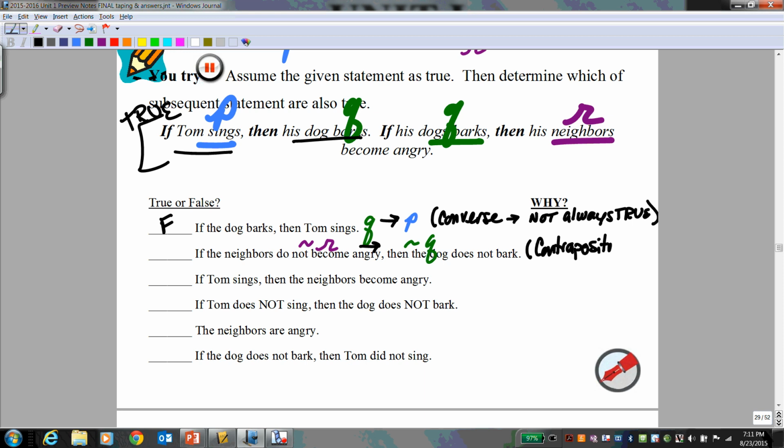Now we learned if the conditional is true, then the contrapositive is forced to be true. You call that true.